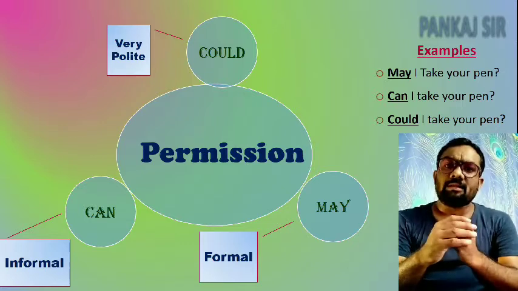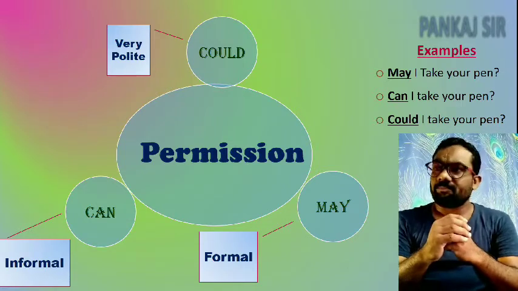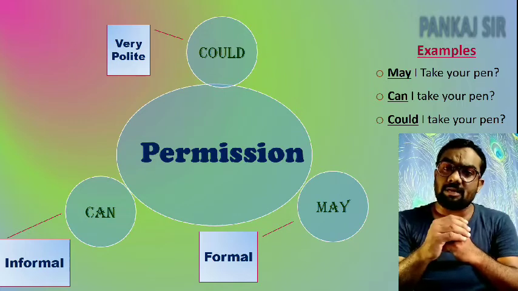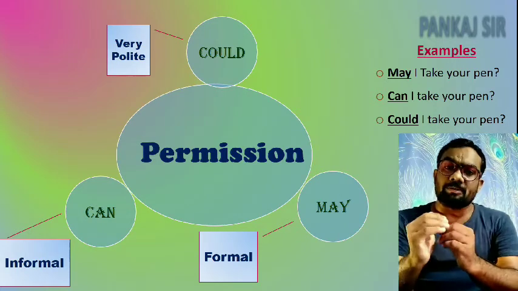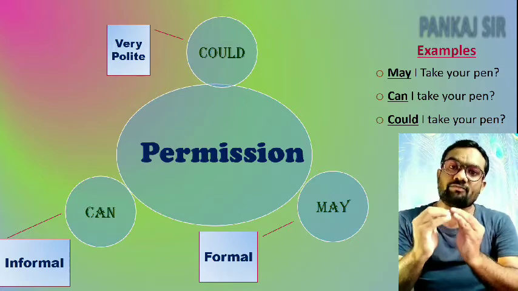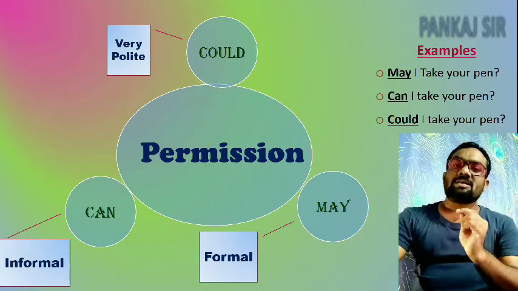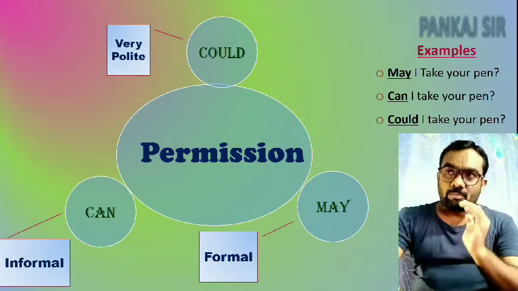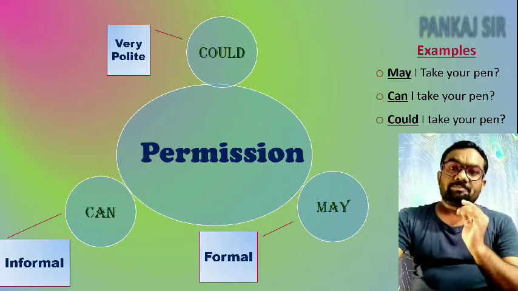A very informal relation they are in. And could I take your pen? When we are asking this, we are asking a person who is older than us or who is respectable for us. So these are the uses of the modals for permission.